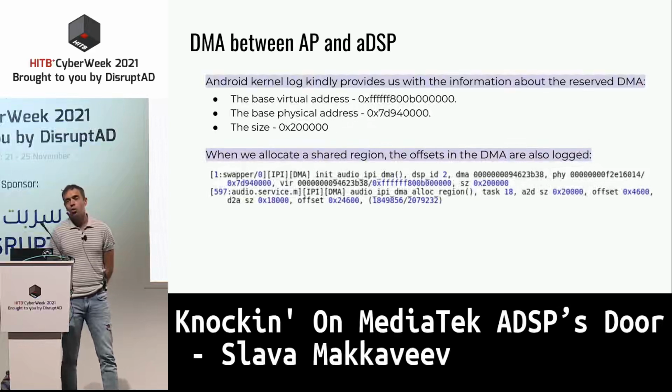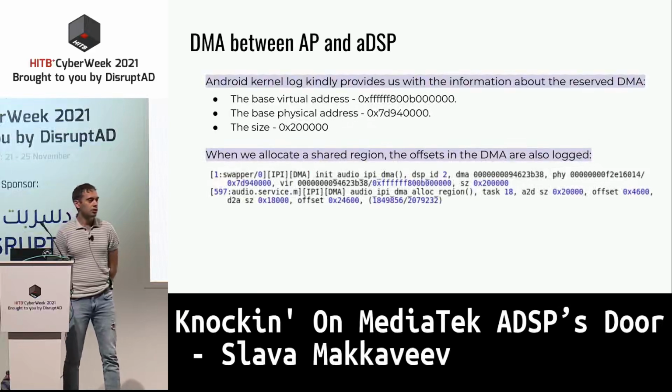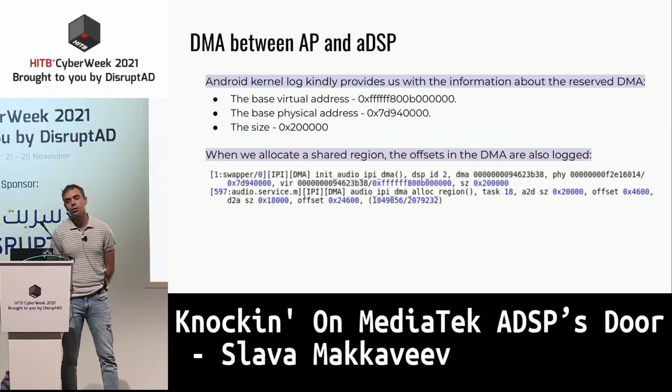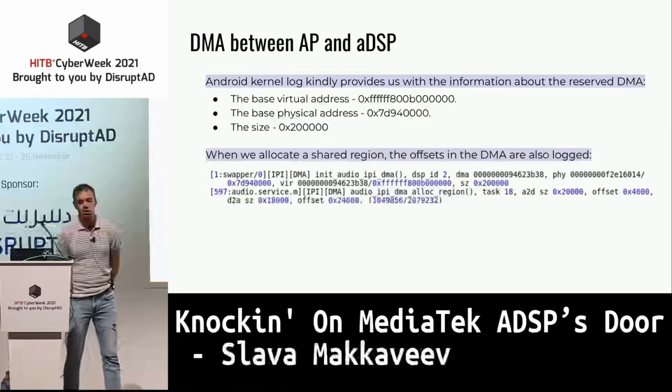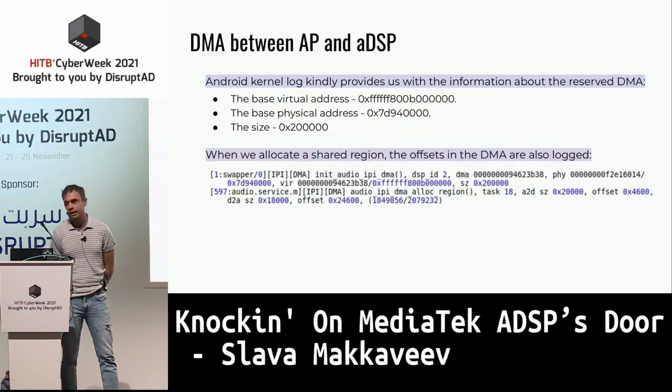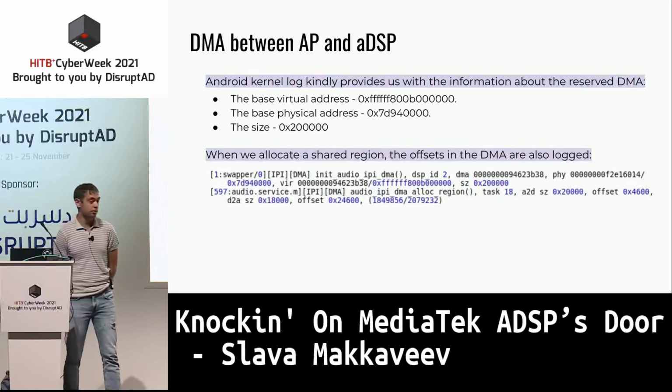Moreover, when we allocate a shared region in this DMA, the offset of the new shared region in the DMA is also logged. For example, in this log snippet, you can see that for task scene 18, I asked to allocate 20 kilobytes of memory for the A to D buffer and 19 kilobytes for the D to A buffer, and the offsets are also here.